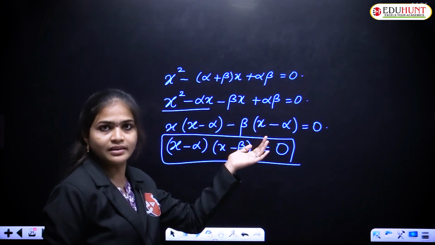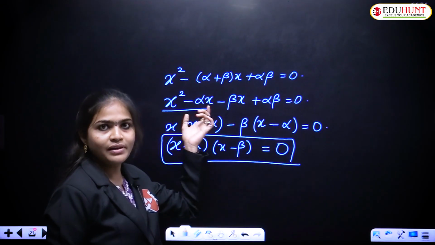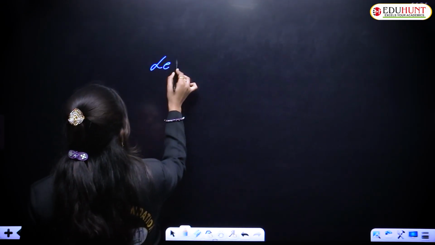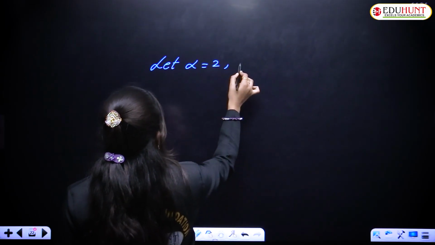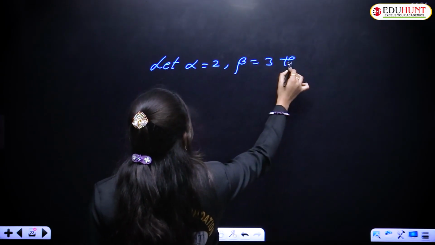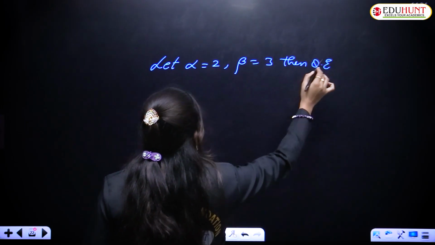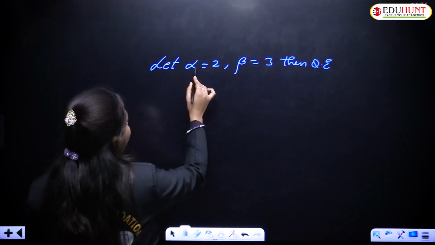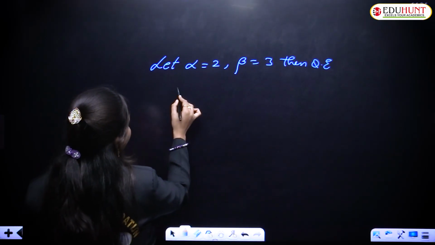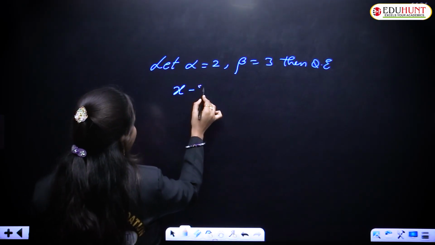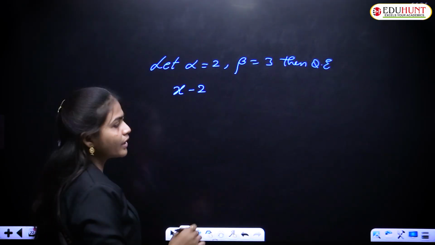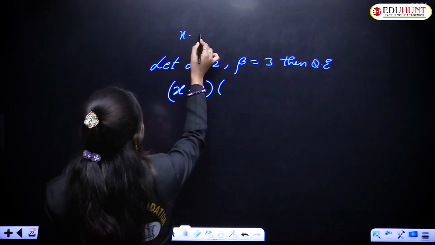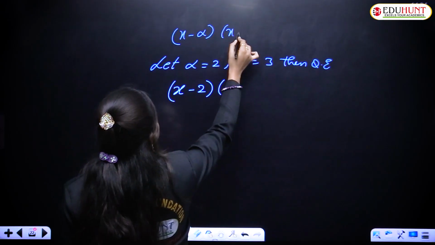Okay, so up to this step we defined, so directly we can write this step, if we know the given values. So for example, let alpha is equal to 2, beta is equal to 3, then the quadratic equation. By using that formula we can write, or else directly alpha is equal to 2 is given, so x minus 2. And beta is equal to 3 means x minus 3, because x minus alpha into x minus beta, that is the formula.